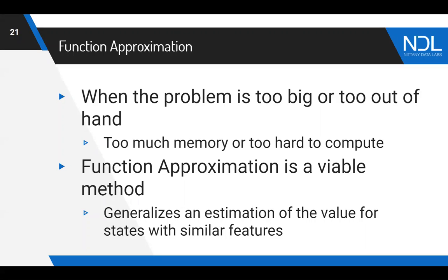But for our practical purposes, what would be the point of them telling us the exact weather if it took them a whole week to tell us, right? Because we need to know what the weather is going to look like now. So that's a good example of where there's literally too much data, so we have to use approximations. So function approximation is a viable method. It generalizes an estimation of the value for states with similar features.